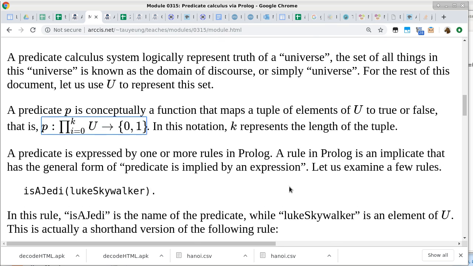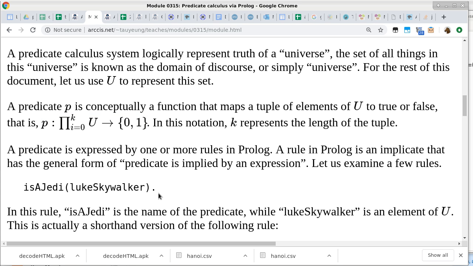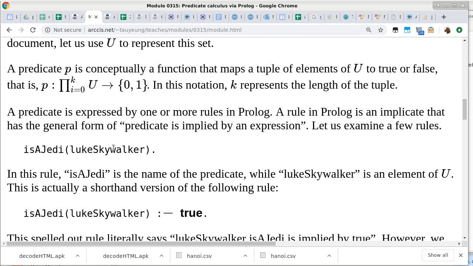So we'll get started here with something. This is a predicate, or what we call a rule. A rule in Prolog is not necessarily a predicate, but it expresses a truth. In this case, this is how we say Luke Skywalker is a Jedi.